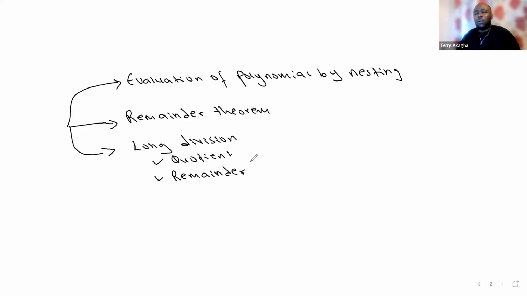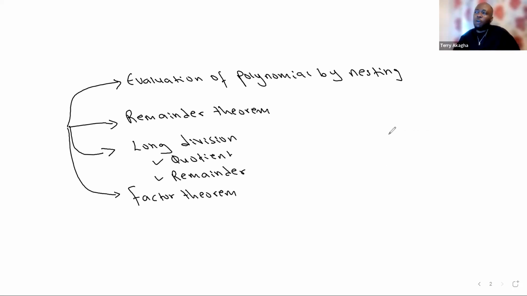I'm then going to round this off with the factor theorem, which basically, what does it imply and how do we determine if a particular polynomial expression is a factor of another different polynomial.